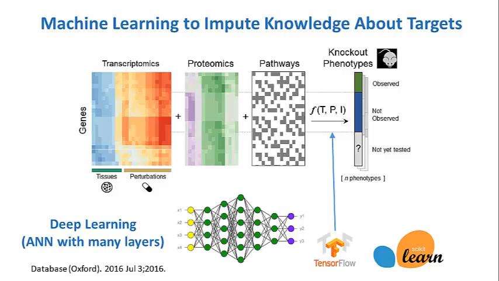So you can concatenate all those types of data sets where the genes are the rows and those attributes are the columns. And then we want to predict whether we're going to see a specific mouse phenotype if we knock out a gene that hasn't been knocked out in a mouse yet. One of my favorite mouse knockout phenotypes is increasing the mouse's age.